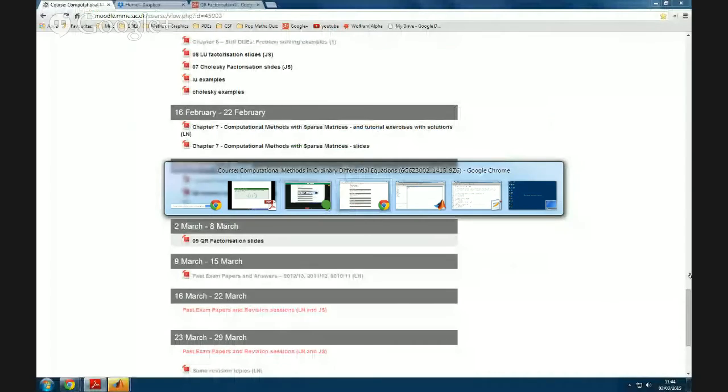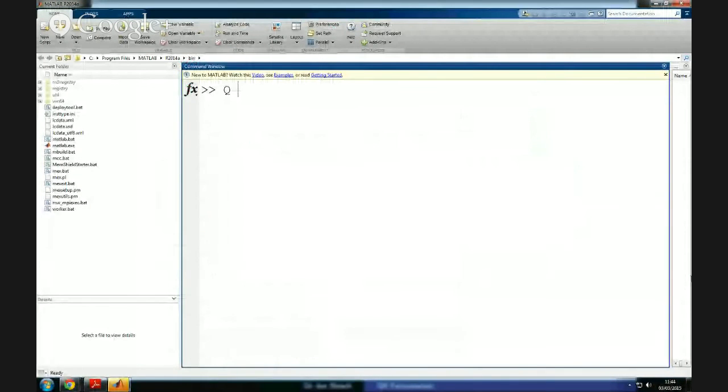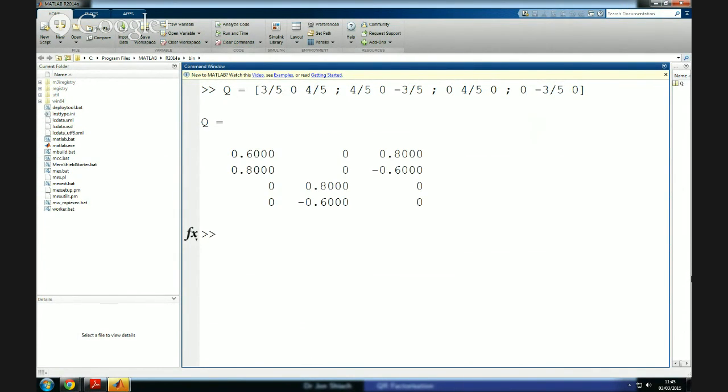Okay, hopefully MATLAB's loaded up now. It has. So I'm going to enter my Q and R matrices into MATLAB. That's my Q matrix. And I'm going to also put in the R matrix.